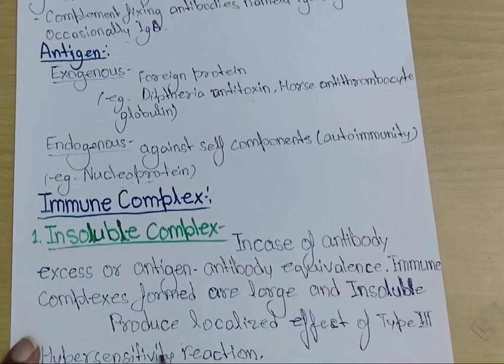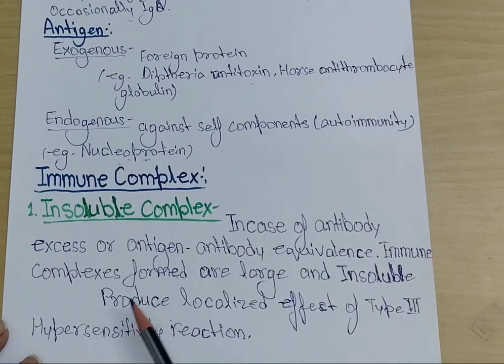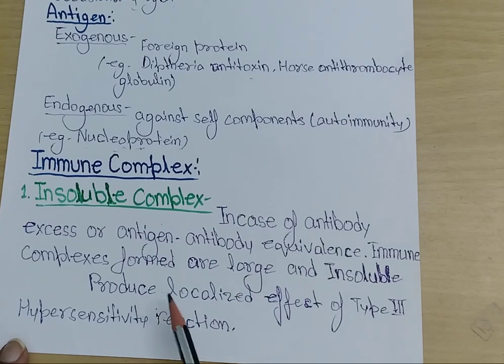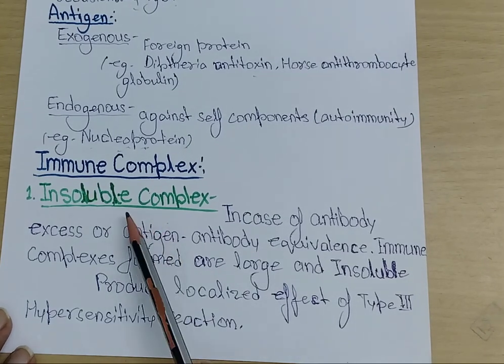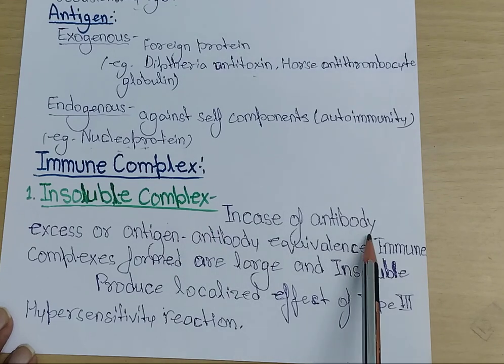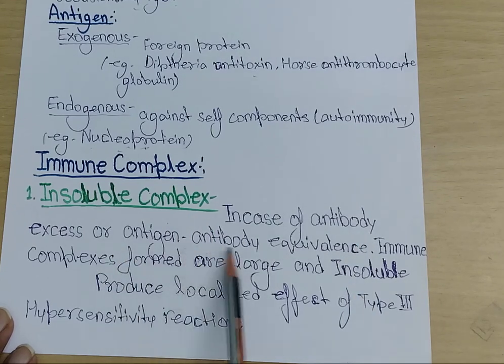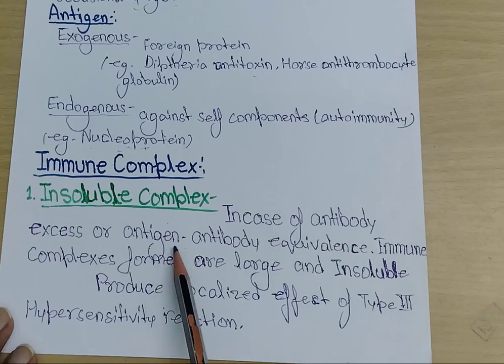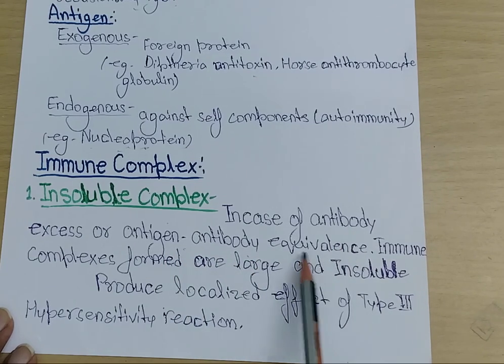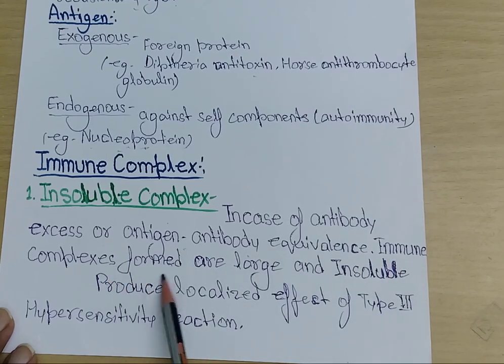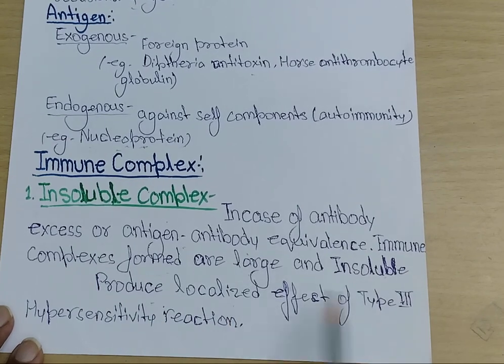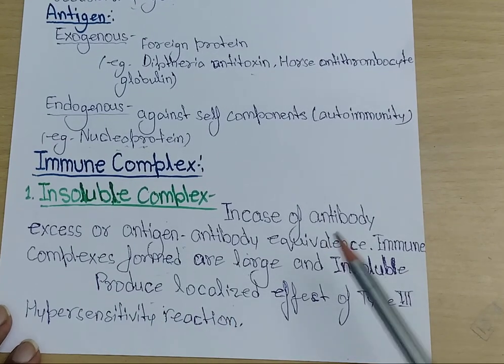Immune complexes can be of two types. Either it will be an insoluble complex, in case of antibody excess or antigen-antibody equivalence, where antigen and antibody concentrations are equal. The immune complexes formed are large and insoluble and produce a localized effect of type 3 hypersensitivity reaction.